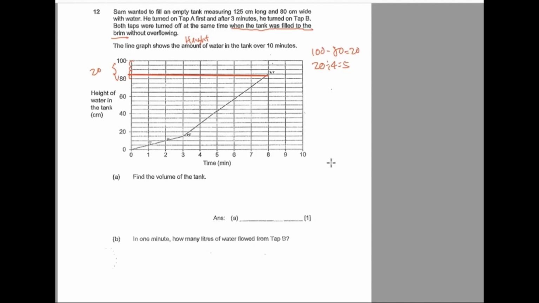So the volume of the tank will be the base of the tank, 125 multiplied by 80, multiplied by the height of the tank, which is 85. Okay, 80 plus 5. And the answer is 850,000.